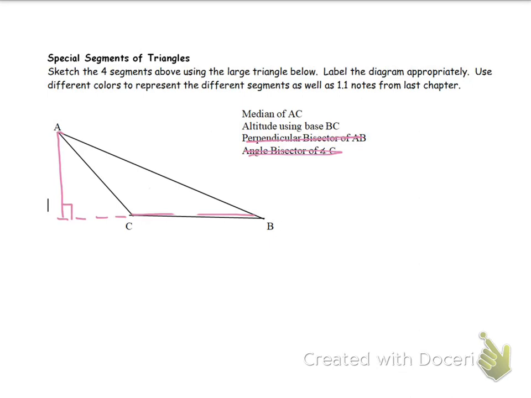My last one is the median of AC. Median means middle. So here's my AC. It needs to shoot off of B and be in the middle. To show it's in the middle, the sides on the left and right of it are going to be congruent.